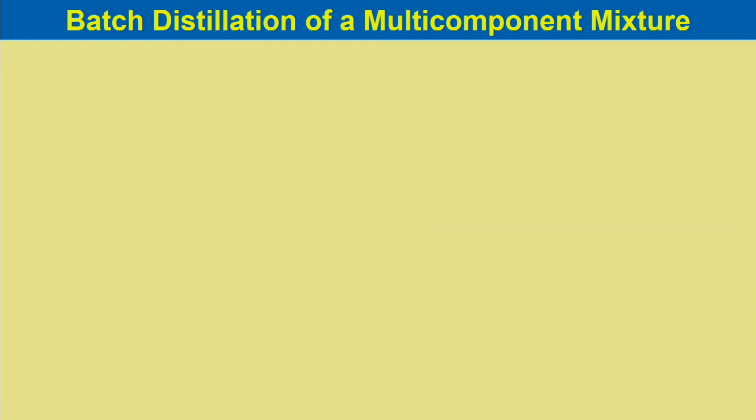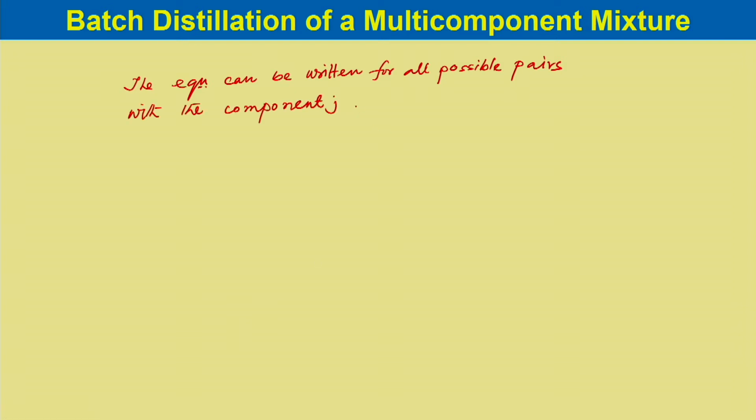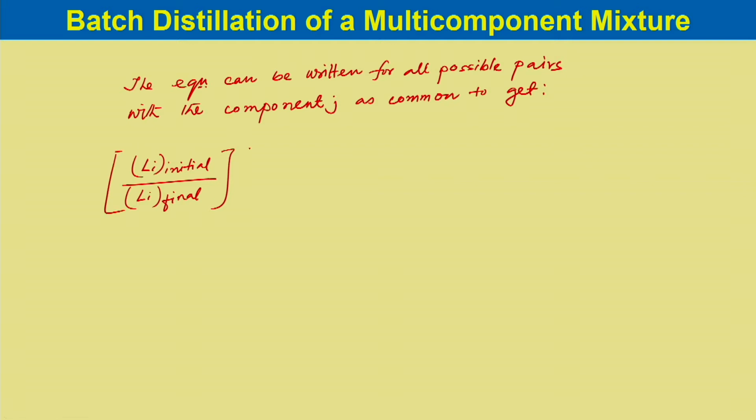Now, the equation which we have developed by the integration can be written for all possible pairs with the component j as common to get the following equation: Li initial divided by Li final to the power alpha ji is equal to Lj initial divided by Lj final, and so on.